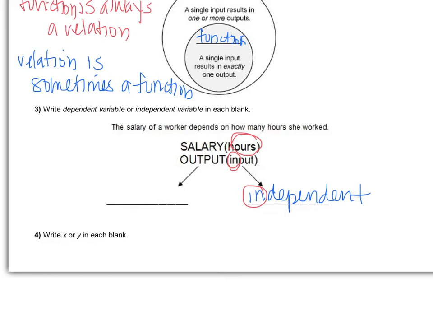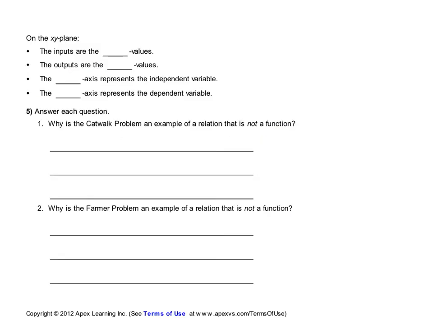And then my output is on the outside. It's also my dependent. On a graph, these things also translate: the X's are my inputs and my Y's are my outputs, and the X-axis represents all the independents and the Y-axis represents all the dependents.